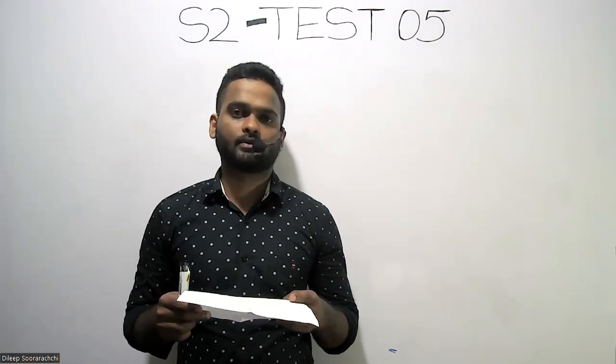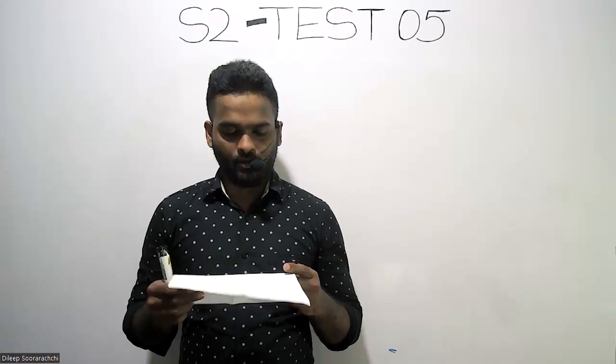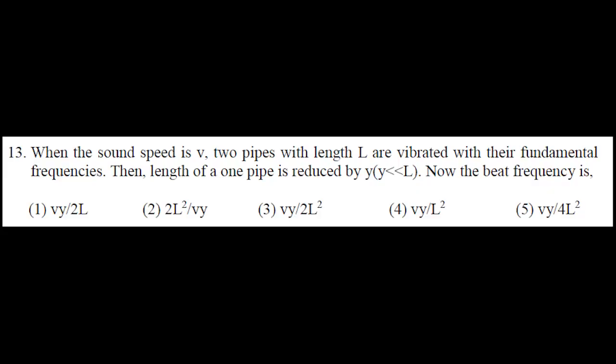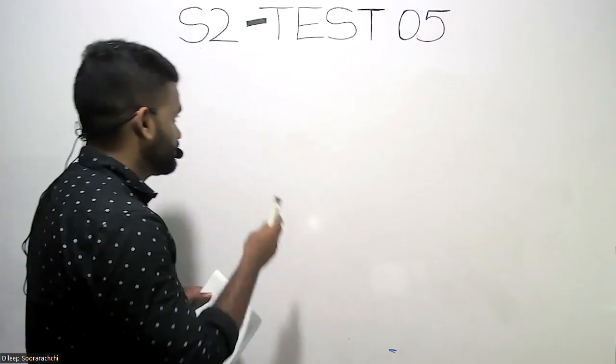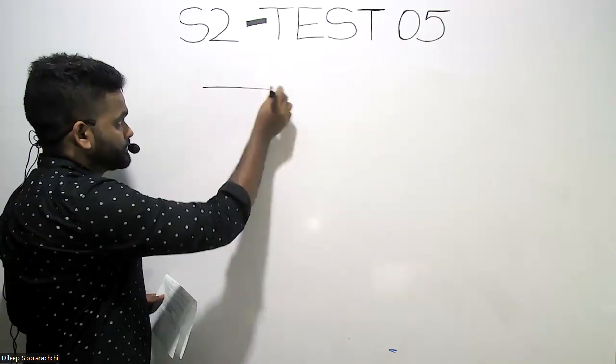13th question. When the sound speed is v, two pipes with length L are vibrated with their fundamental frequencies. Then the length of one pipe is reduced by y, where y is very small compared to capital L. Now the beat frequency is? So we have two pipes.